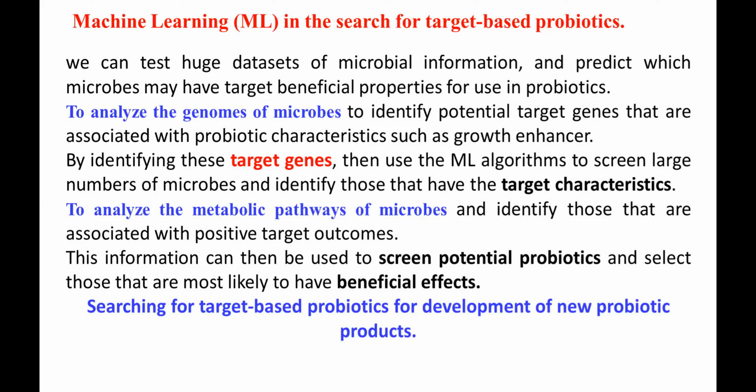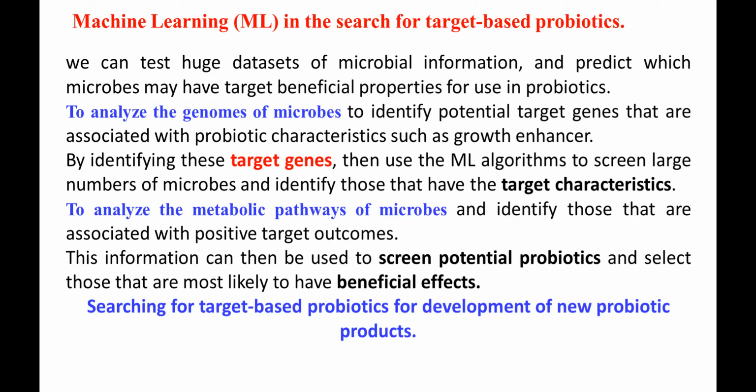So we use machine learning to search for the target gene. By identifying these target genes, scientists can then use machine learning algorithms to search a large number of microbes and identify those that have only the desired or target characteristics. Another way machine learning can be used is to analyze the metabolic pathways of the microbes and identify those associated with positive health outcomes, right?